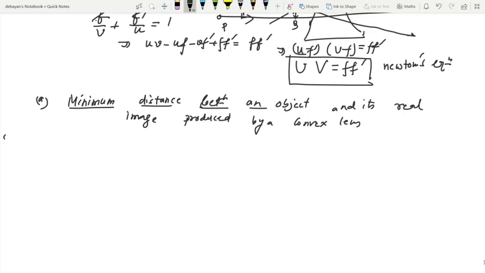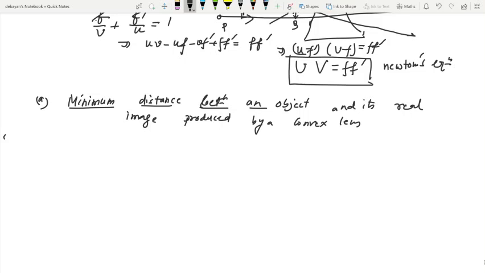That is forming a real image on its right hand side for an object placed on the left.